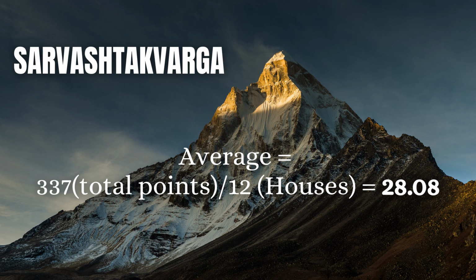Now friends, just a quick summary of what we discussed in the last video. As you know, in total in SARV ASHTAKVARGA, we have 337 points and 12 houses. If you divide it, you get 28.08, which in itself tells us about this number.